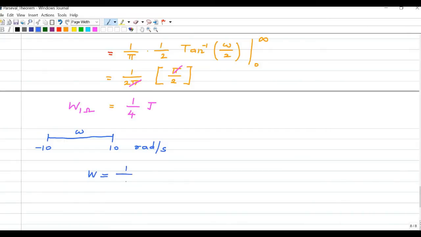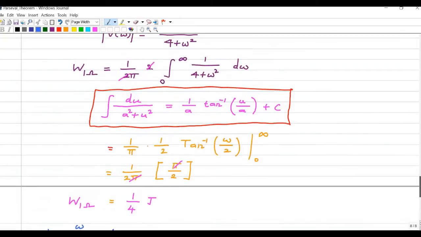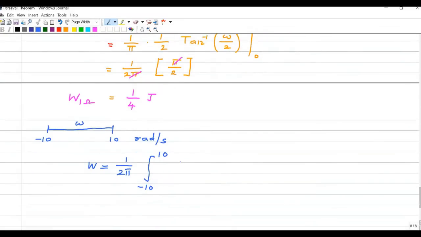So 1 over 2 pi. Instead of integrating from minus infinity to plus infinity, I'm going to integrate from minus 10 to plus 10. V of omega, as usual, we know V of omega is 1 by 4 plus omega square d omega.